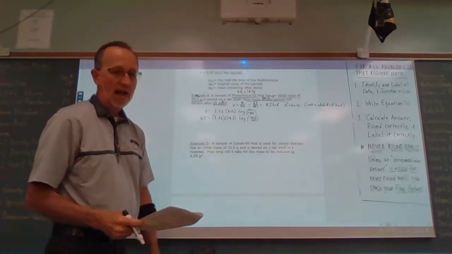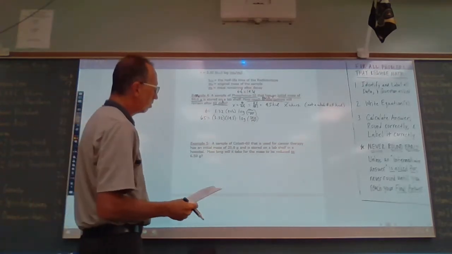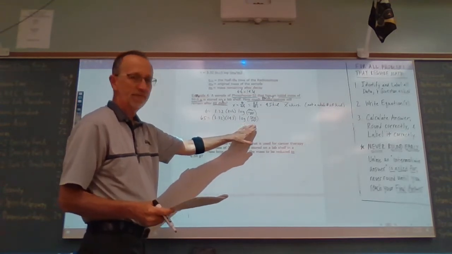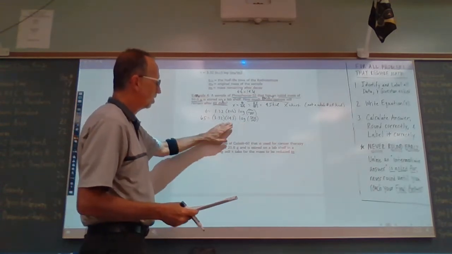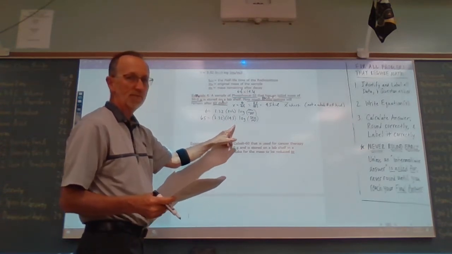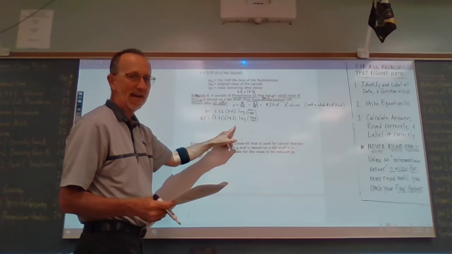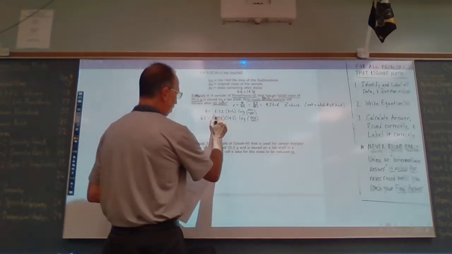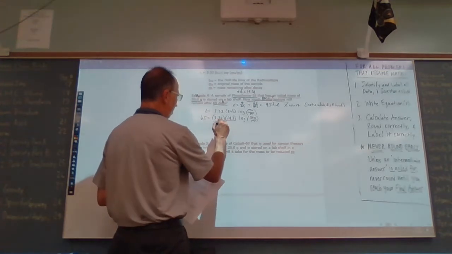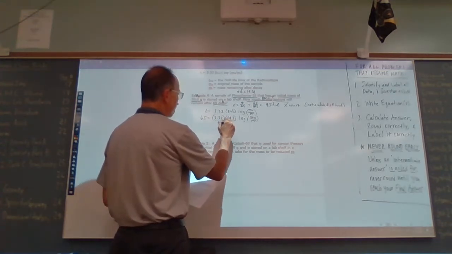First things first. I want to isolate this log function, the log of 50.0 over MR. So the first thing I'm going to do is multiply 3.32 times 14.3 and divide that out. 3.32 times 14.3 is 47.476.